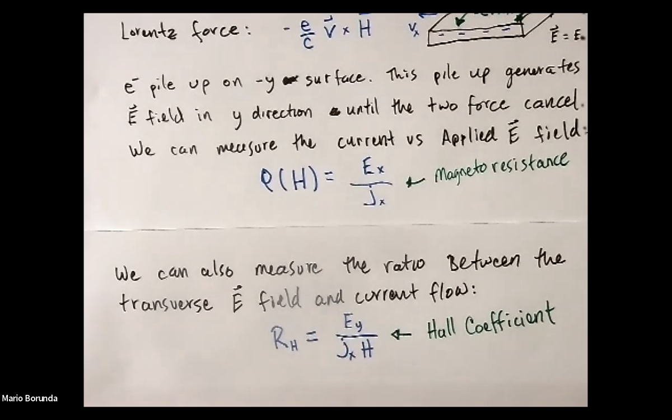If you have negative charge carriers, then this electric field is going to be pointing in the opposite direction, and you would get the sign of what kind of carriers you have. Let's say you make something in the lab and you don't know if its carriers are electrons or holes. This measurement will give you exactly what they are. And it's really easy to make, right? You just need a voltmeter and a battery to generate the voltage. Questions?